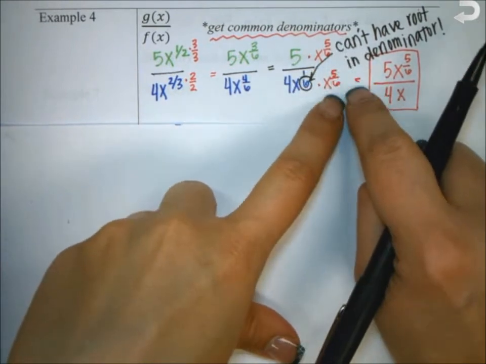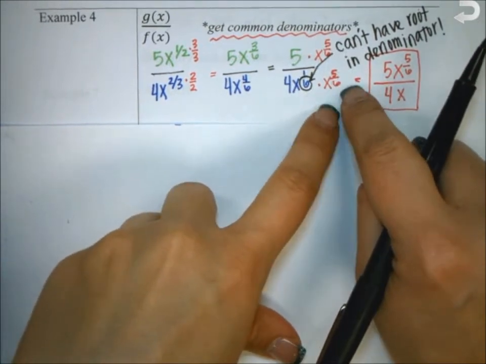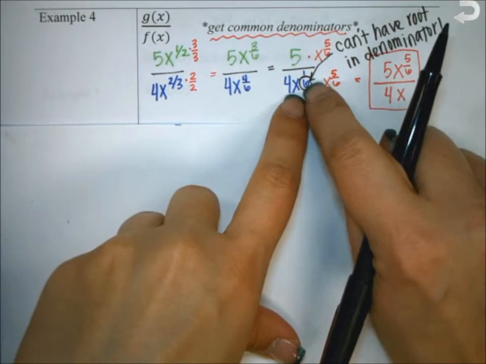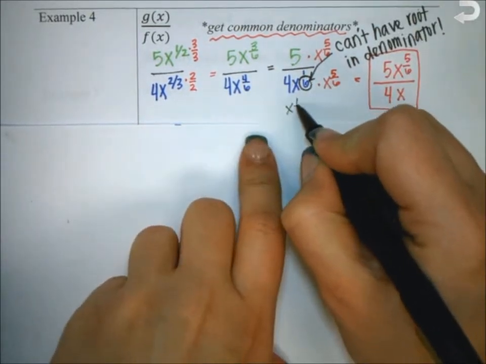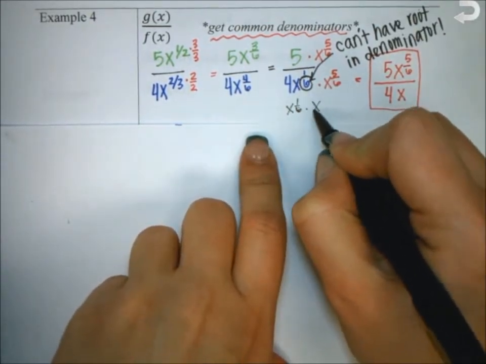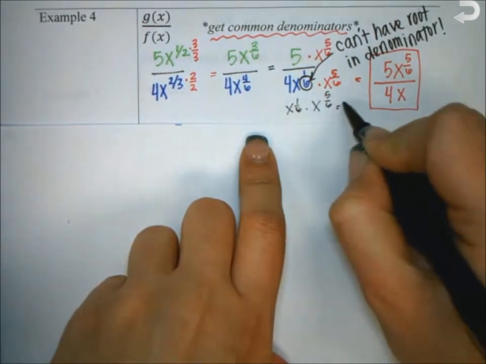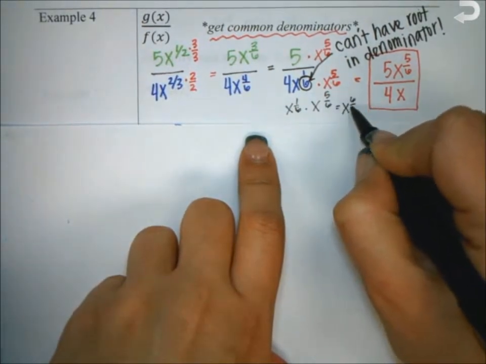So that's where that 4x comes from. Now whatever we do to the bottom, we have to do to the top. So on top we have 5x to the 5/6. And we have no more roots in the denominator, so we're okay.